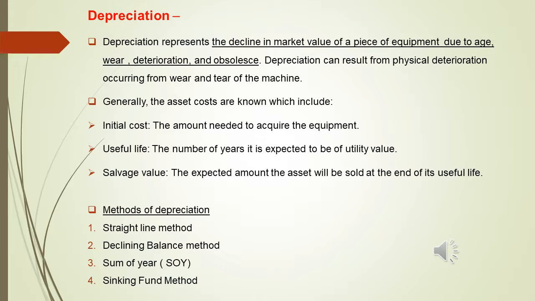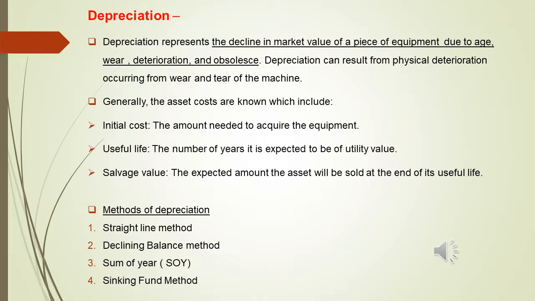Under estimation of ownership cost, the second point is depreciation. Depreciation is nothing but the loss of value of the equipment over time or over usage. I'll read this out. Depreciation represents the decline in market value of a piece of equipment due to its age, wear, deterioration and obsolescence.